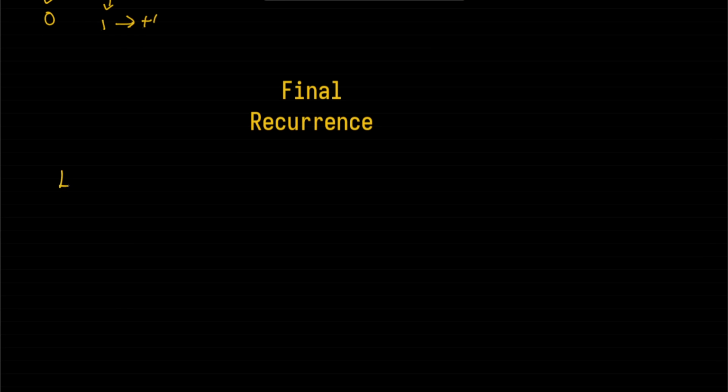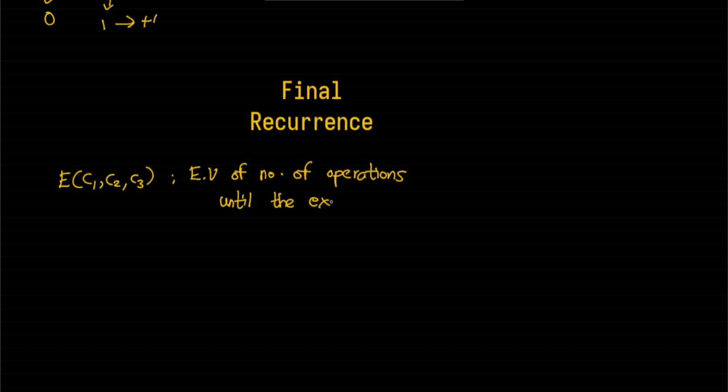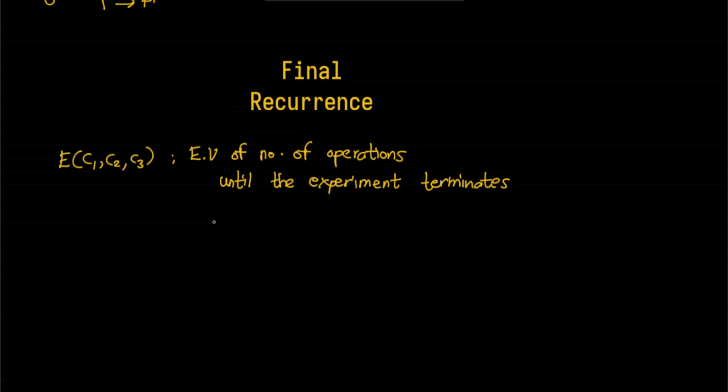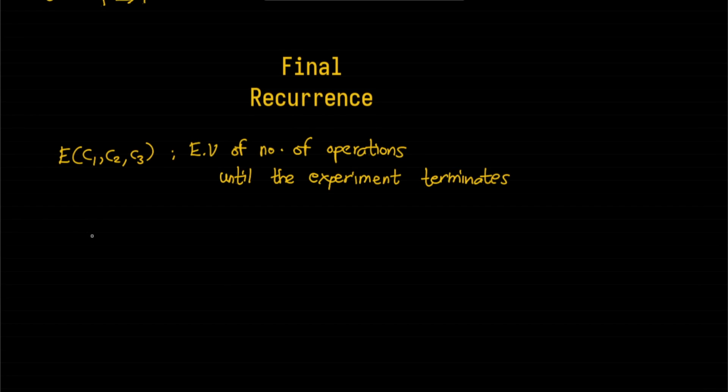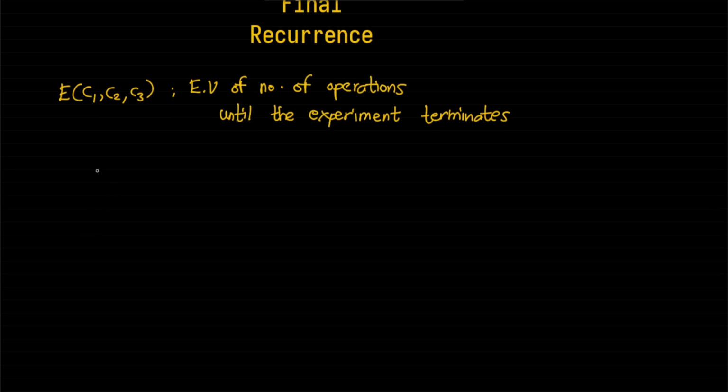So let's say E of C1, C2 and C3 is the expected value of number of operations until the experiment terminates, which is what is asked in the question. Now, let's try to figure out what would be the expected value for C1, C2 and C3.